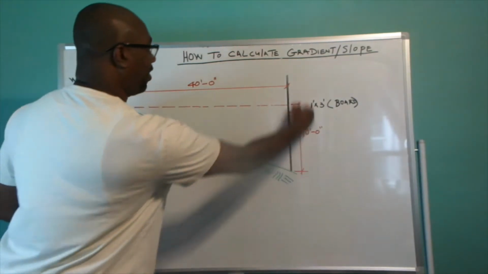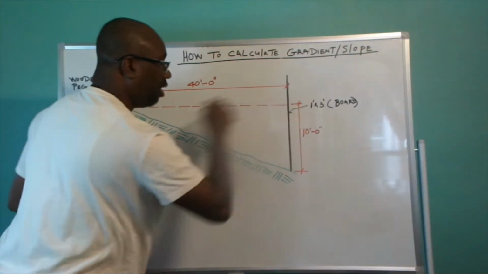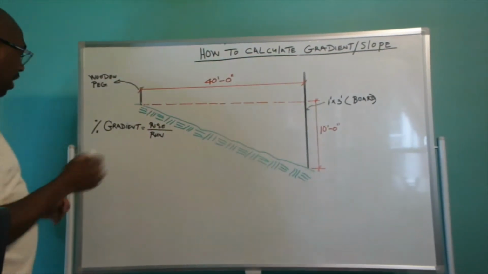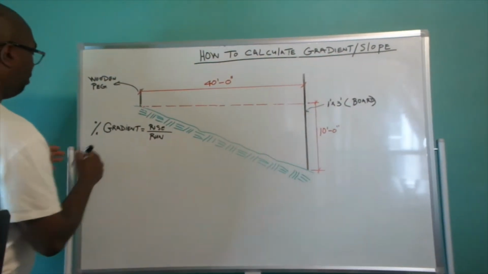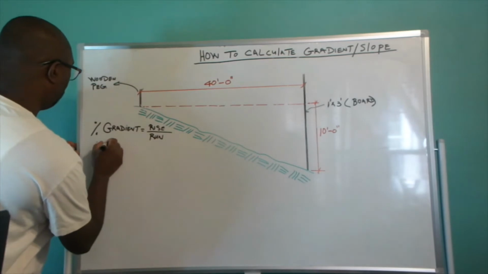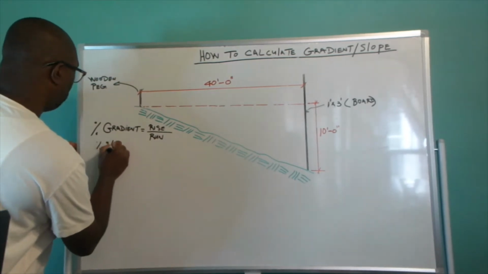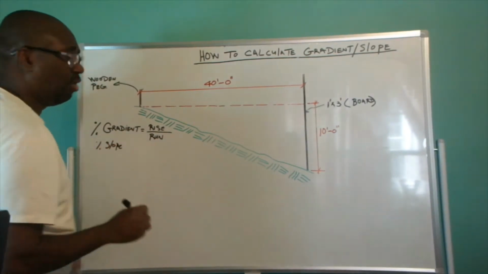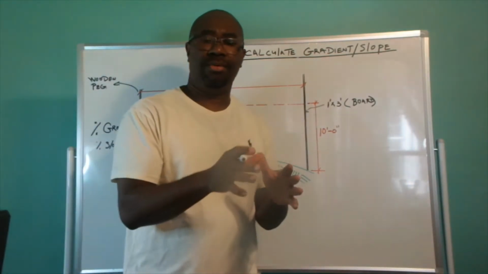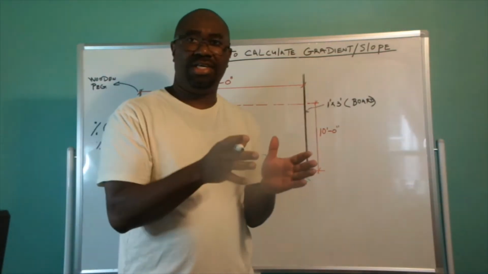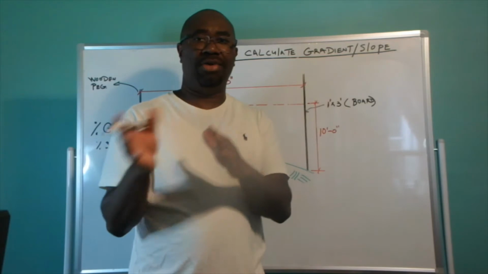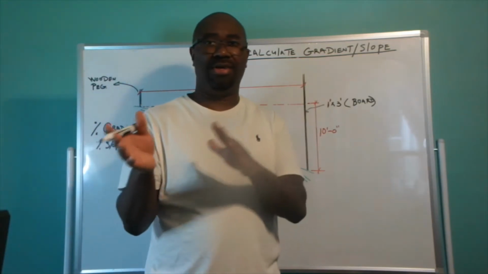So the rise of 10 feet over the run of 40 feet, right? So the percentage slope, and you might hear me use slope and gradient, they are one and the same. So slope and gradient can be used interchangeably. It's the same thing, right?